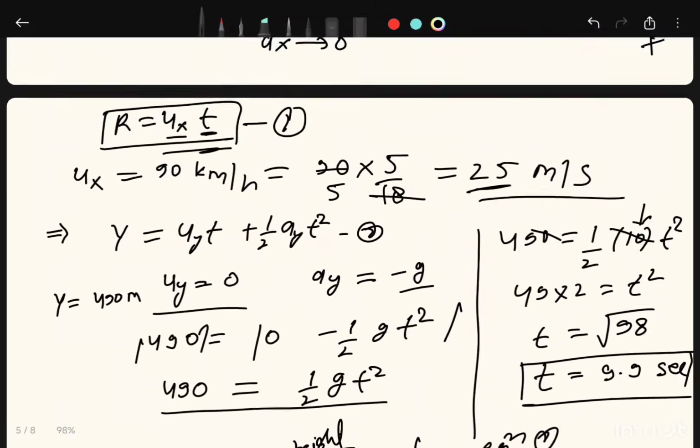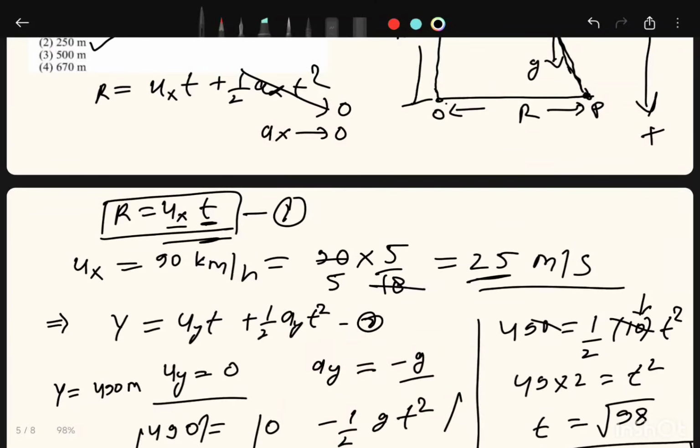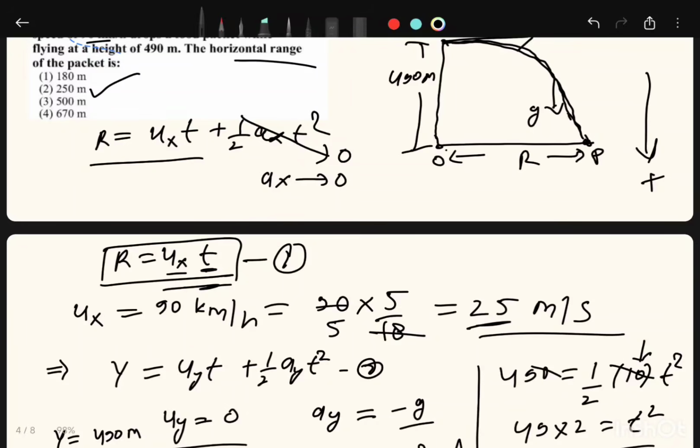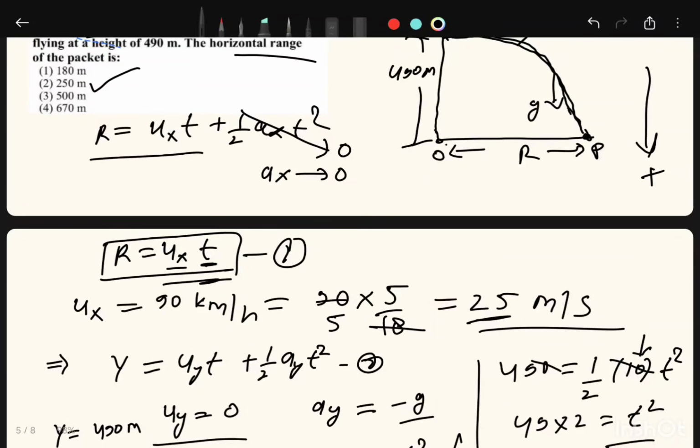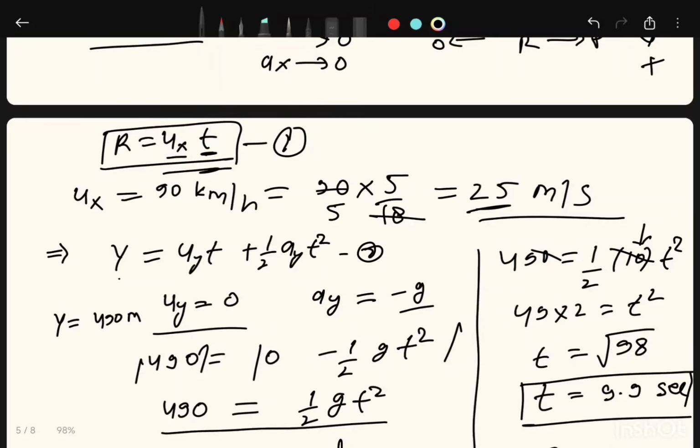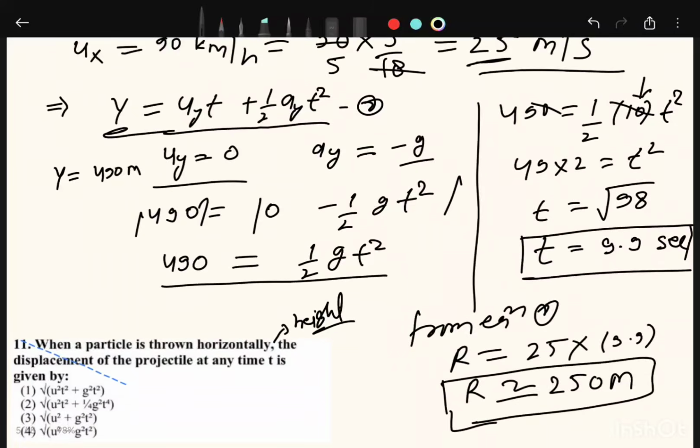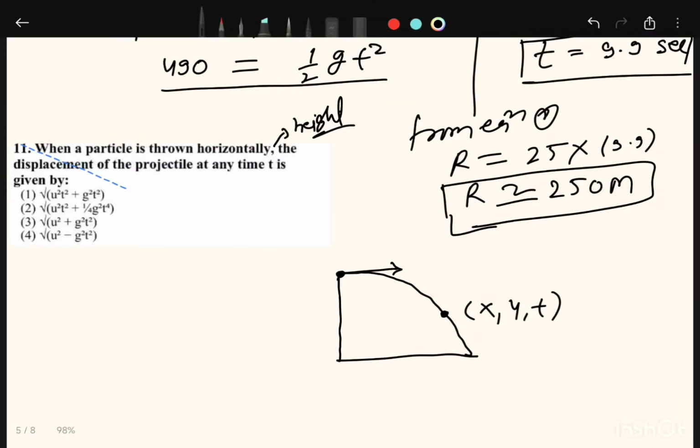From the very last question, we already know how we find x. Rx we find using the displacement formula in the horizontal direction, and y, that is your vertical displacement, we find by using the equation of motion in the y direction. The second equation of motion that we know is s equal to ut plus half at square.